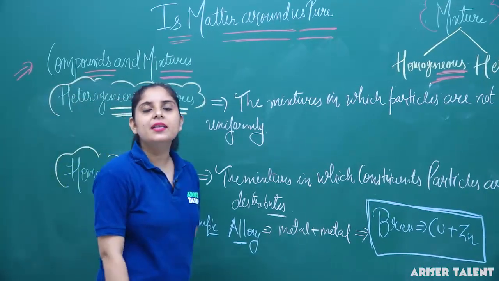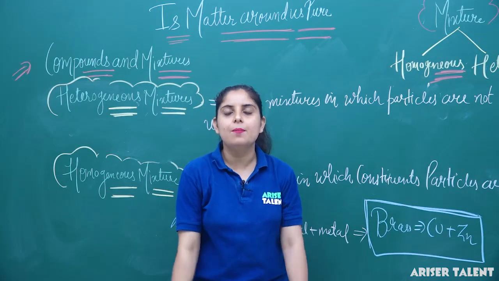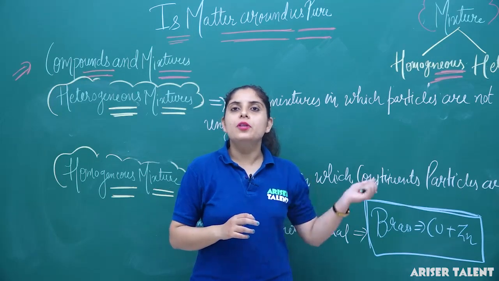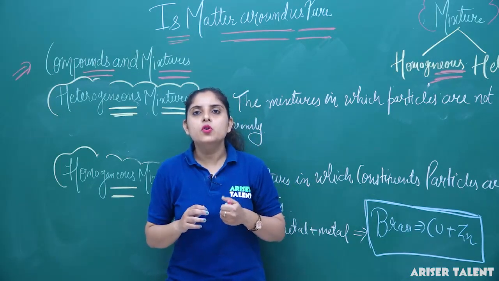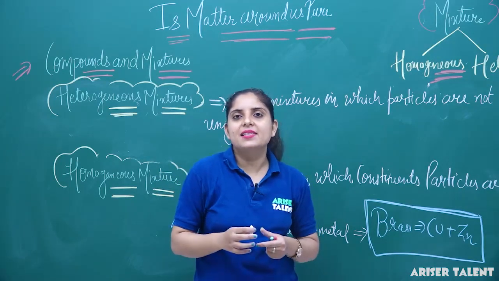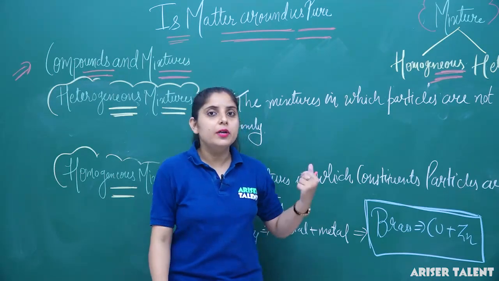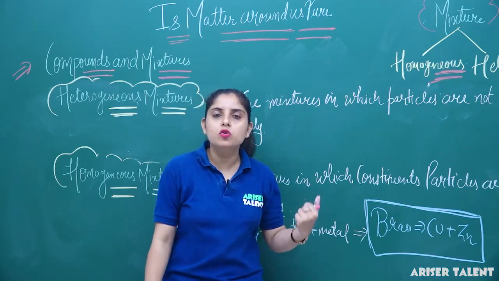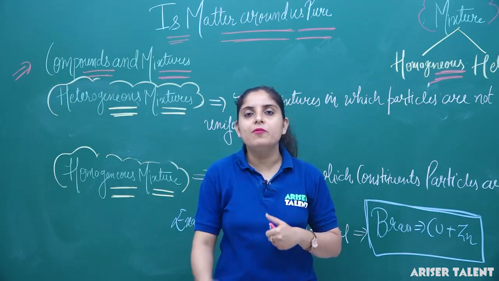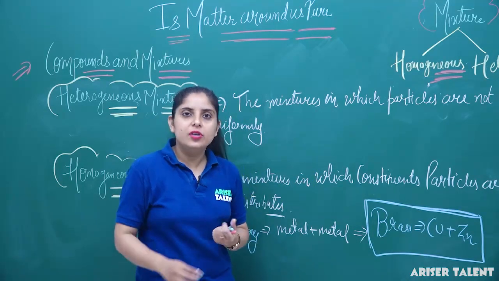If I am considering an example of heterogeneous mixture, I can again consider air. There are so many examples in our day-to-day life you can consider for the heterogeneous mixture. Suppose I am considering milk. Milk is a combination if some water is added. These are liquids, so it can be counted in the category of the homogeneous one. But you can see that along with the gases, some water vapor is also present in the atmosphere. So this can be counted as a heterogeneous mixture.